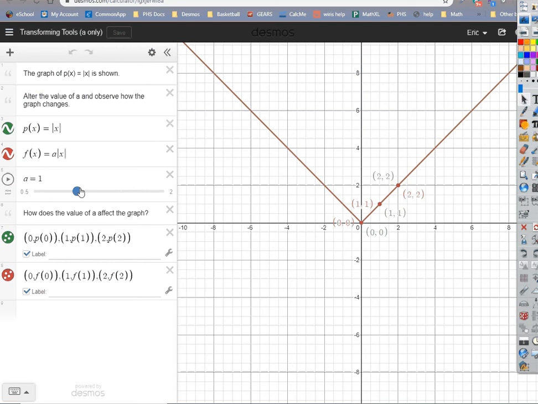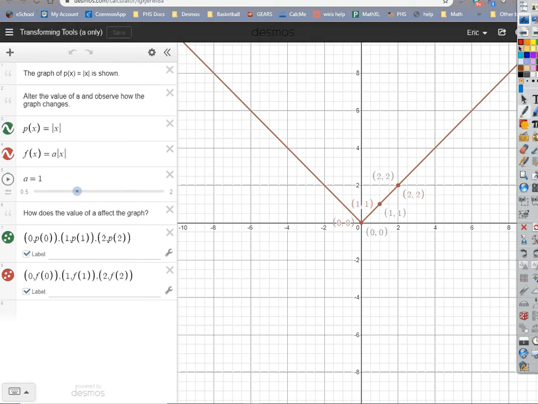Okay, what if I make a something other than 1, though? What if I made it 2? What's that doing to all of the y values that I'm calculating? It's going to multiply them by 2. So instead of going over 2 and up 2, I'm going to go over 2 and up how far? 4. Okay, so let's see what happens here.